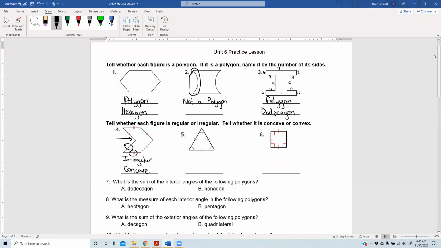On number 5, all sides look to be the same. All angles look to be the same. So this one's regular. And any regular polygon is automatically convex.